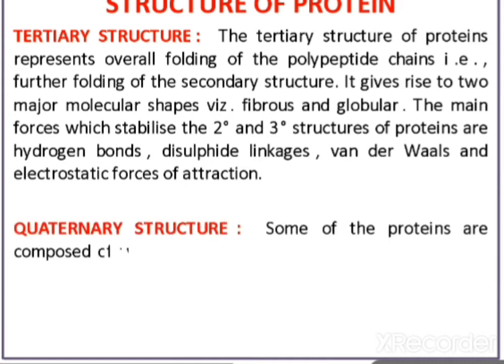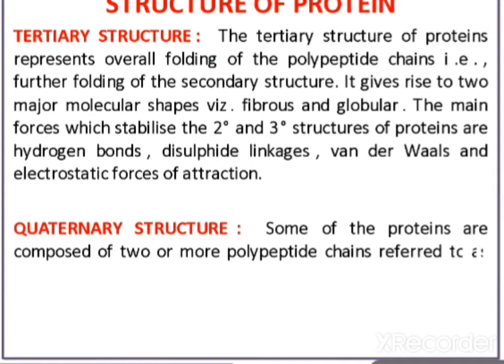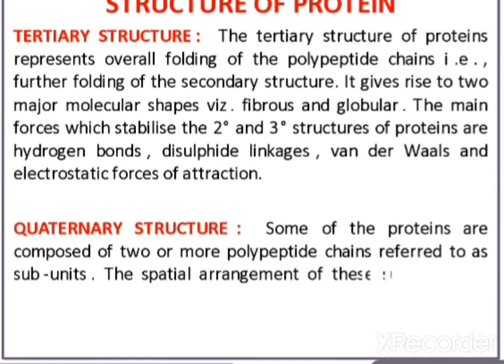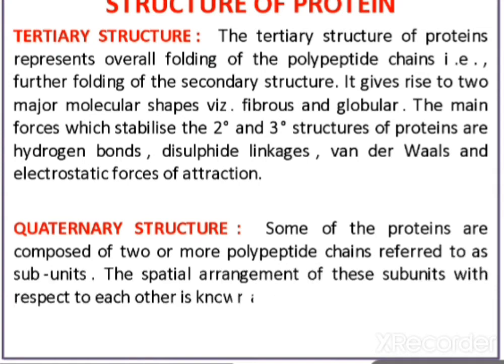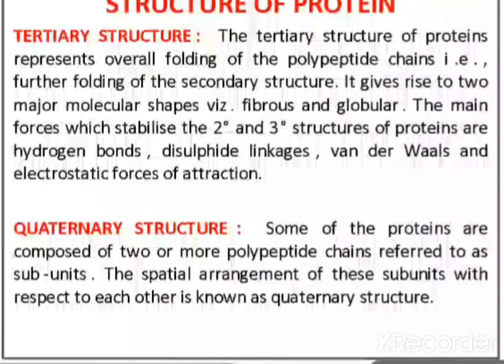And quaternary structure: some of the proteins are composed of two or more polypeptide chains referred to as subunits. The spatial arrangement of these subunits with respect to each other is known as quaternary structure. It means, now see, a sequence of amino acids gives rise to the formation of a protein, but some proteins have two different polypeptide chains or some more different polypeptide chains.